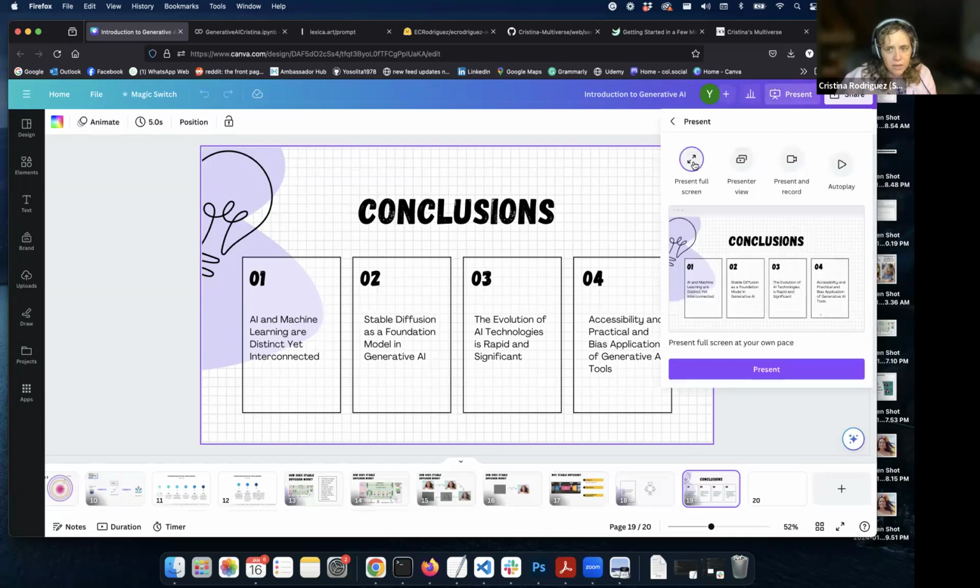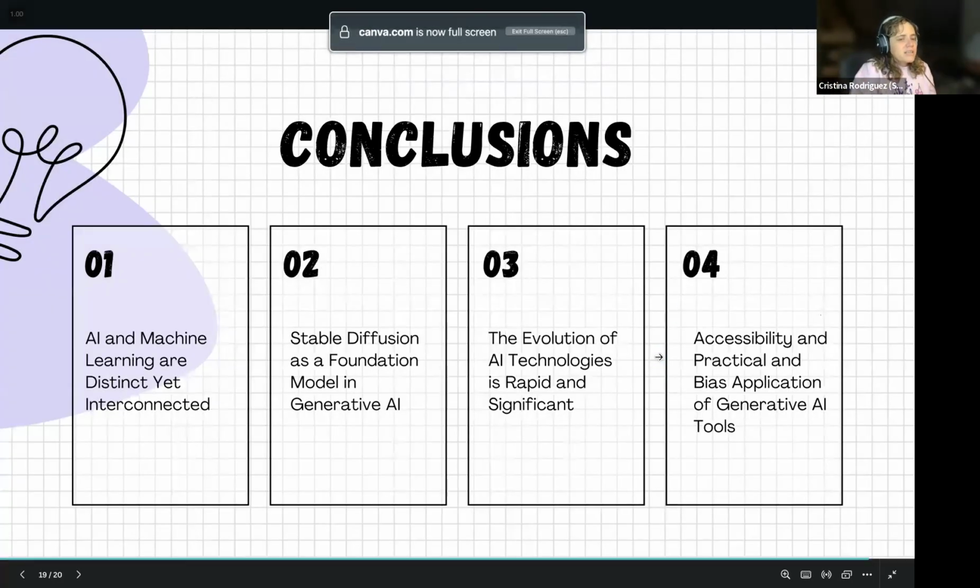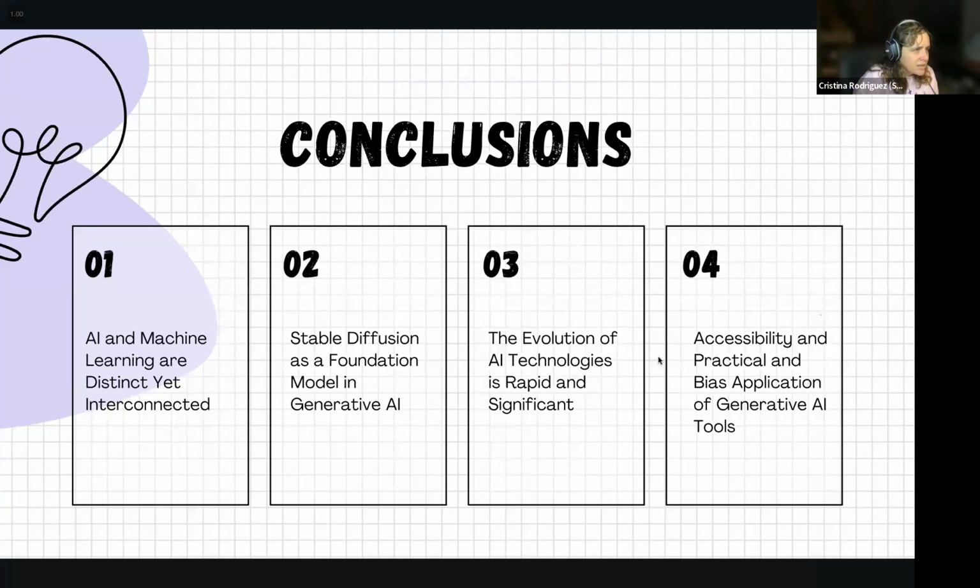And that allowed me to come to my conclusions very quickly before we jump to the questions. AI and machine learning are distinct, are not the same thing, but they are interconnected. And you cannot talk about machine learning without talking about AI, or you cannot talk about generative AI without talking about machine learning, but they are not the same thing.